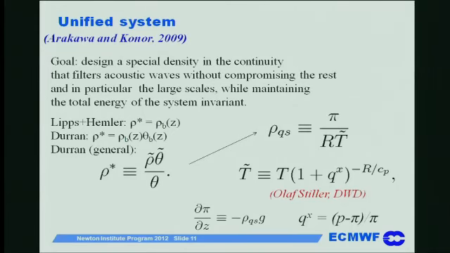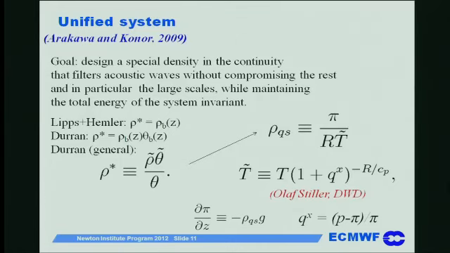In the Durran system, there was a special density rho star that was a background density times the potential temperature variant in the vertical. And Durran, in some later publication, mentioned that really they are all part of a larger class of densities, which are of the form rho tilde theta tilde over theta.